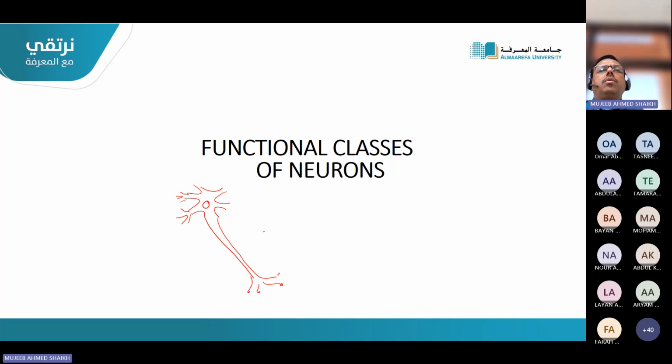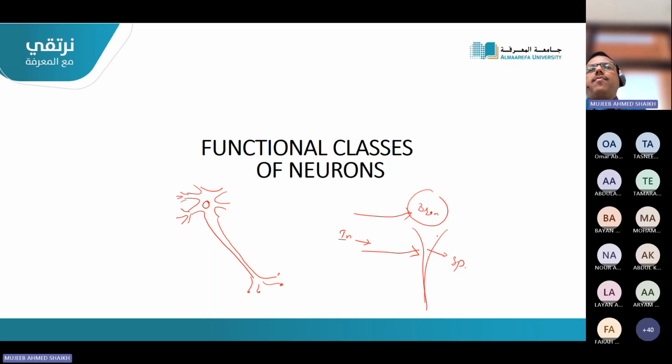Now neurons could be of 2 or 3 different types. Suppose this is the central nervous system, the brain, and this is the spinal cord. Some neurons will carry the information to the brain or to the spinal cord, bringing it in.